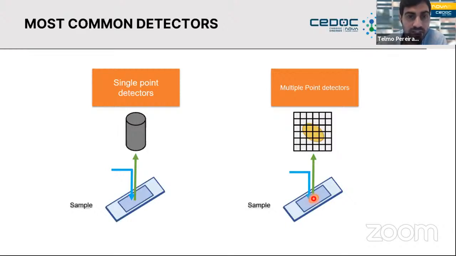Everything that is in the field of view of your microscope will usually be projected onto this type of array. Usually this type of array is cameras.